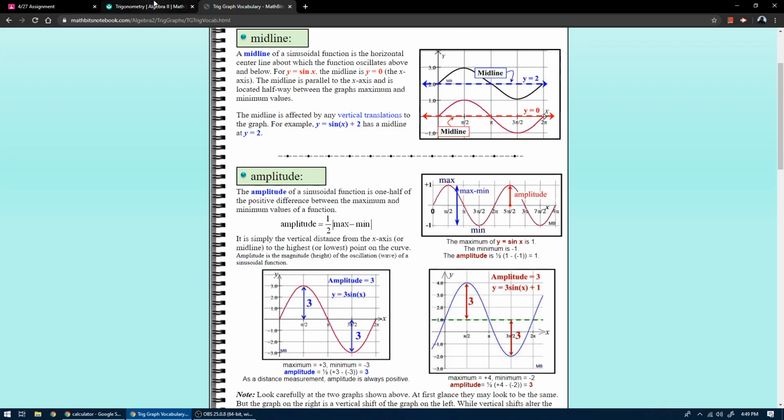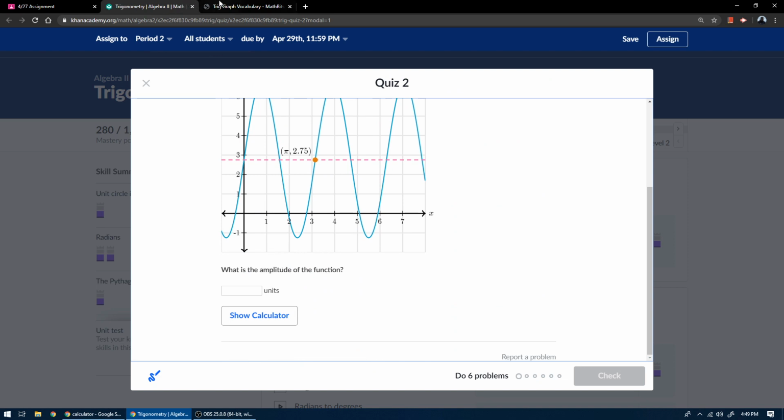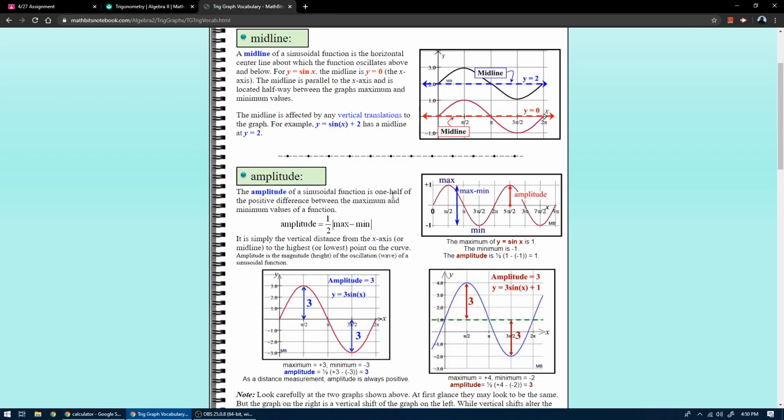We also have amplitude. What's the amplitude? Amplitude is 1/2 the positive difference between the maximum and the minimum. So all it's asking is, from the midline to a high point or a low point, what's the distance? How far does it go up or down?